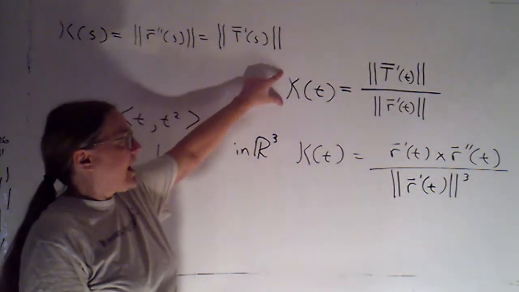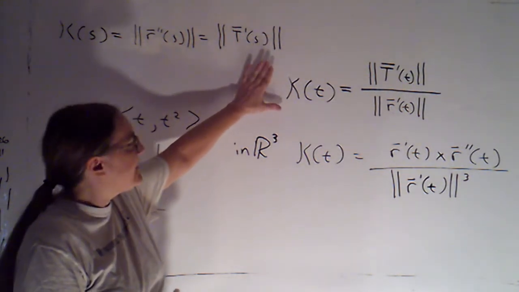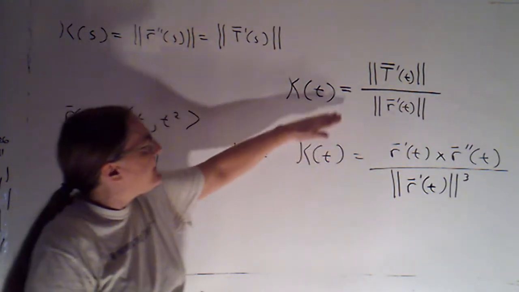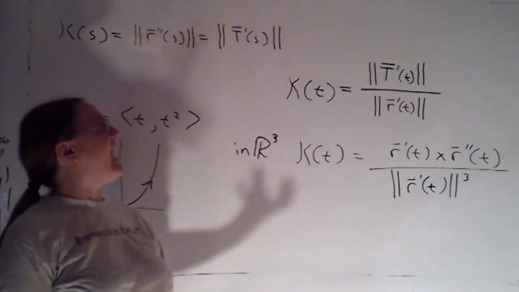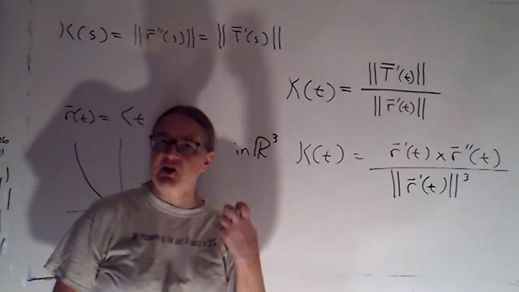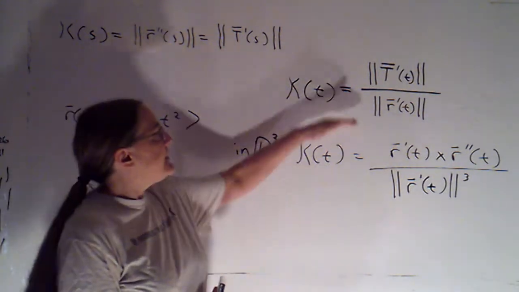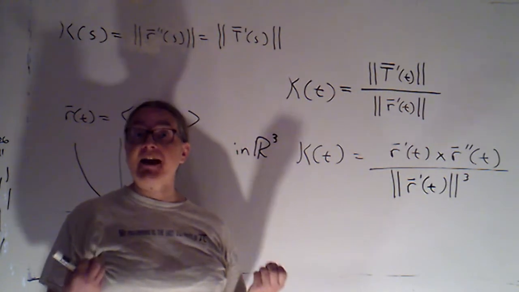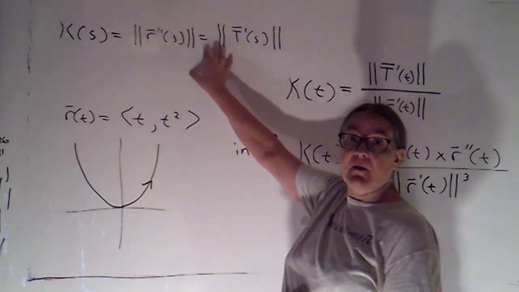This is derived in the textbook, and it's not a super difficult derivation, so it's okay. This one is a little bit more difficult to derive, but neither of them really can I look at and say, yes, I understand what curvature is because of that formula. So these are the formulas that I think are easier to work with for actually calculating curvature. This is the formula that tells us what it means.